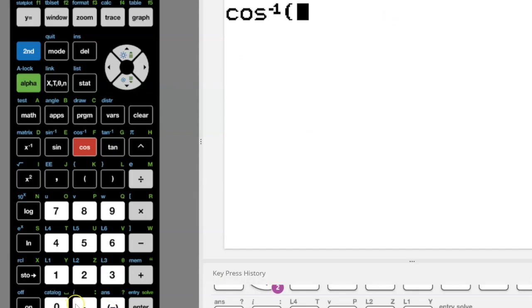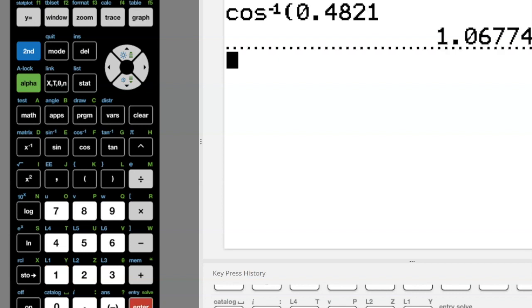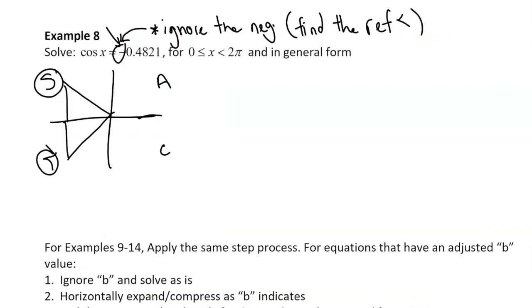And so going back here, we'll say it's 0.4821. So we didn't put the negative in there. And we get something along the lines of, let's say 1.07. I'm not sure if it said what to round it to. We'll say 1.07.